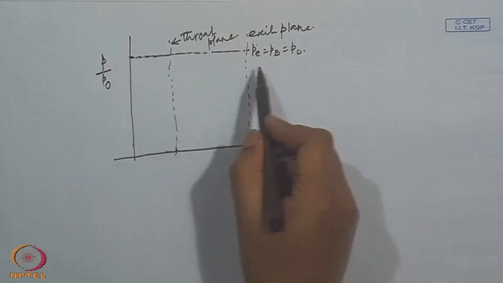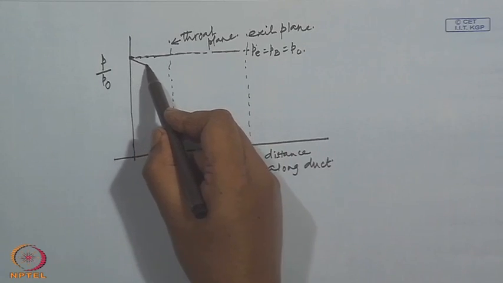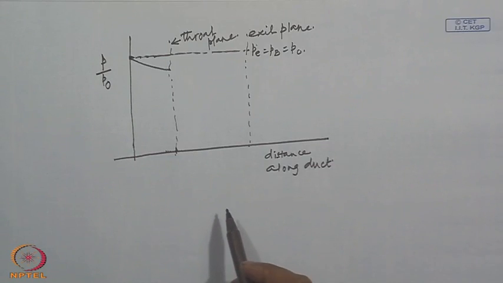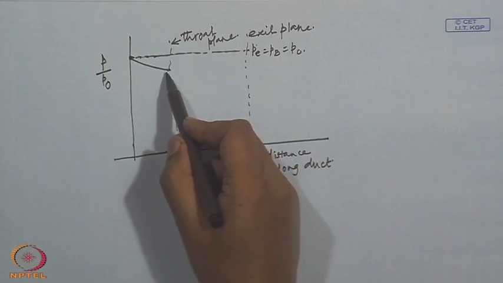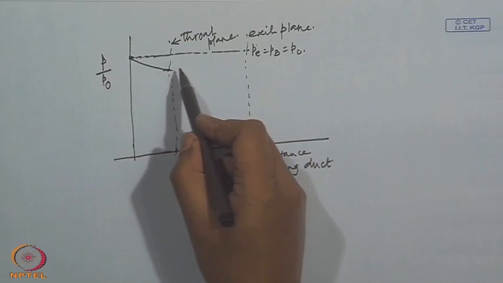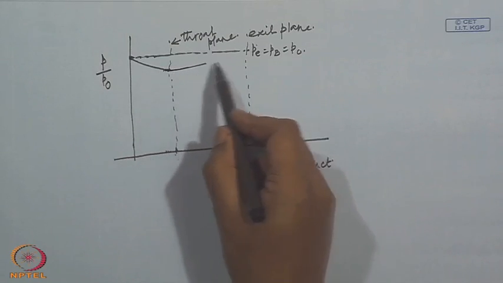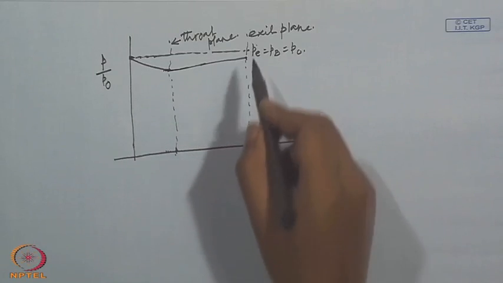If back pressure is slightly decreased, a flow develops, and within the converging part of the duct, the flow accelerates to a certain speed, and then in the diverging part that flow will decelerate, and again pressure will increase and will reach this value of P b.